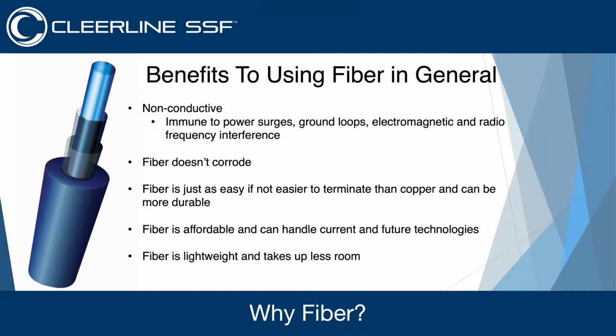A 1,000-foot spool of fiber is only going to be 10, 15 pounds, not 50 pounds. So it's much, much easier to utilize, and it takes up far less room as an infrastructure product.